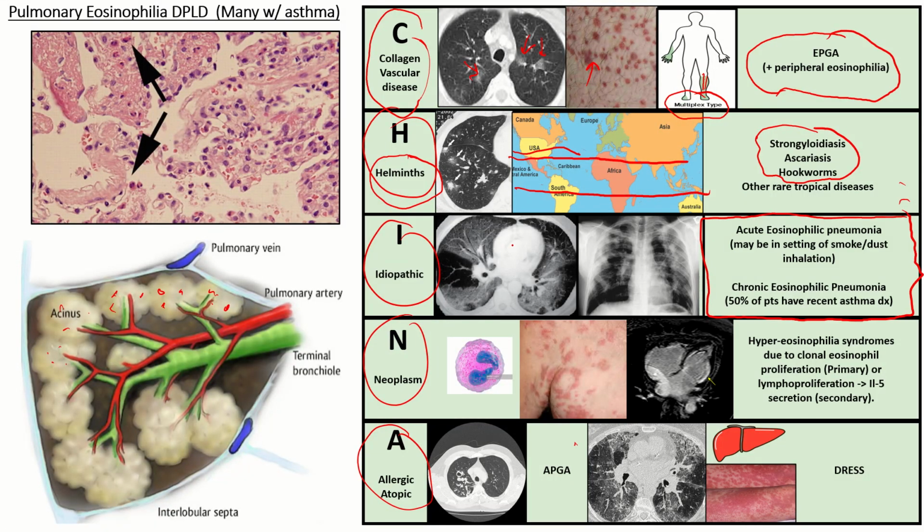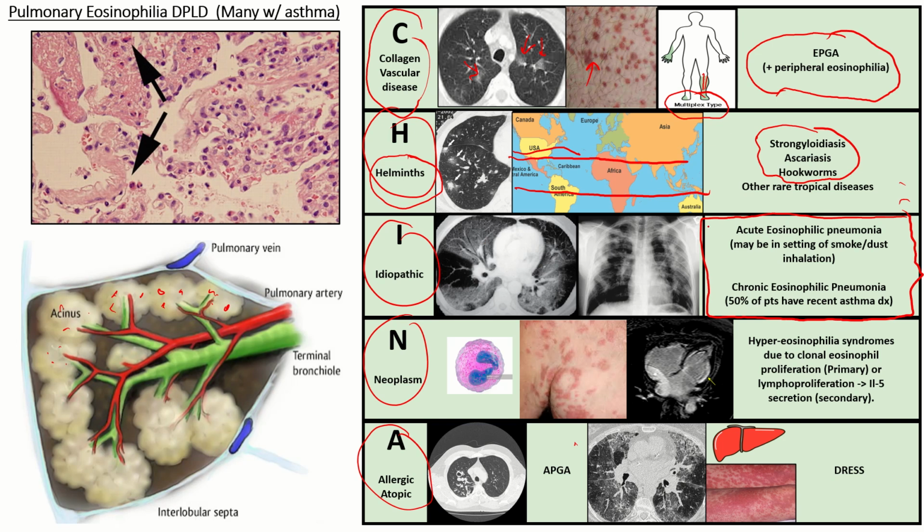Other rare tropical diseases can cause pulmonary eosinophilia as well. So something you might have to work up in those cases, or even consider empiric treatment with ivermectin or albendazole, especially if you're going to give those patients steroids, because strongyloidiasis, if you give steroids to them, they can actually get worsening of the disease with hyperinfection.